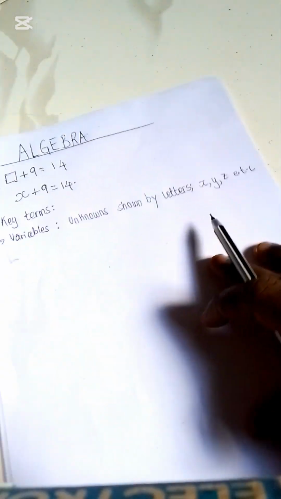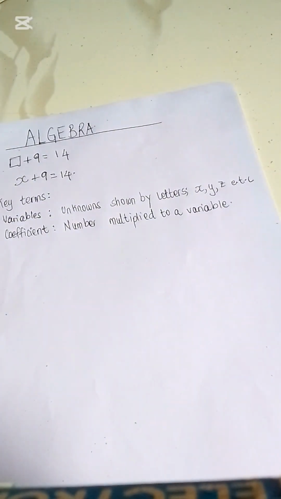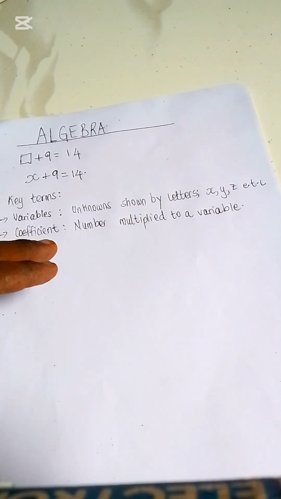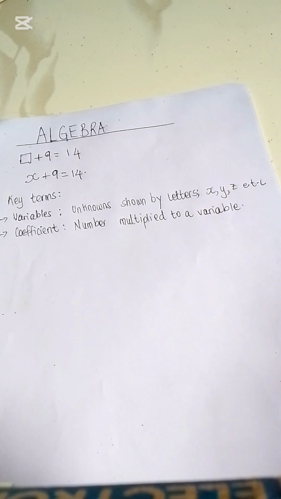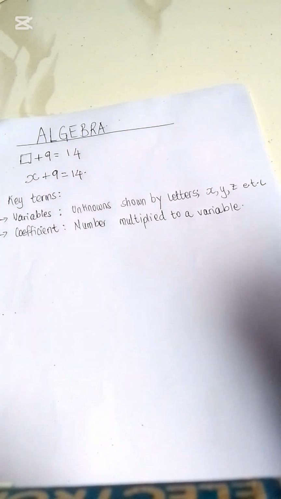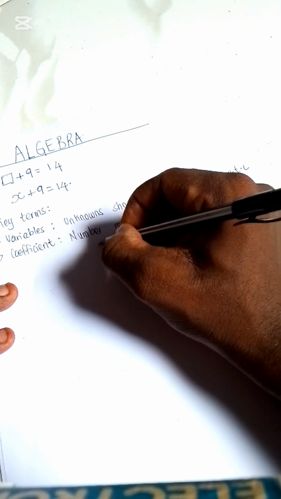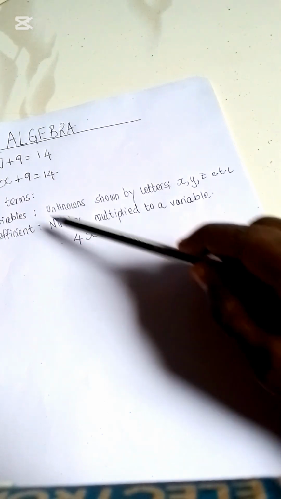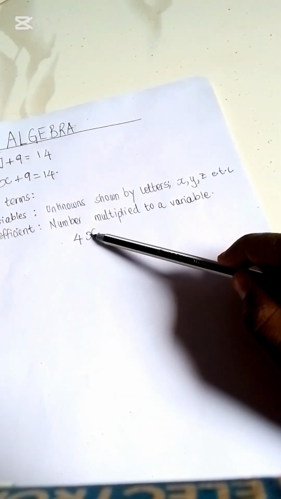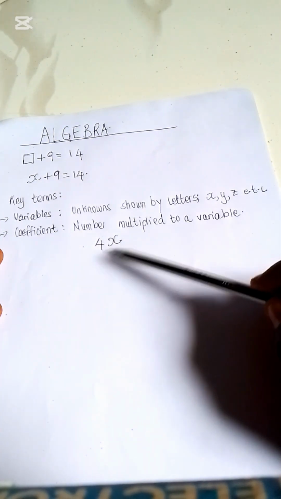The second term is coefficient. This is a number that is multiplied to a variable. For instance, we might have an expression like 4x. x is the variable, the unknown, and the number that is attached to this variable is what we call a coefficient.